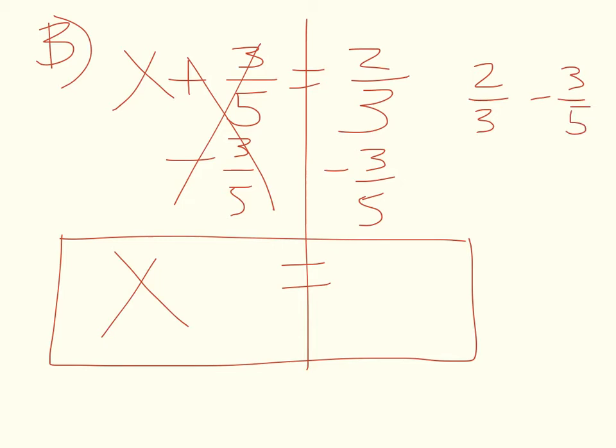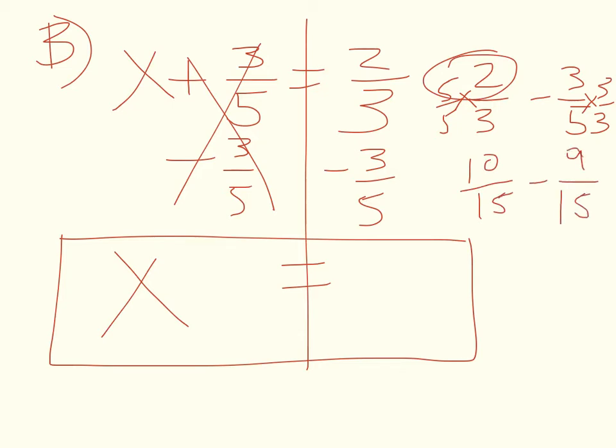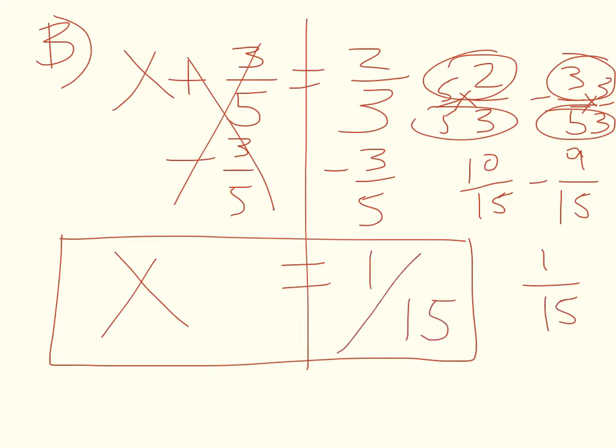So let's multiply that fraction by 5/5 and the other one by 3/3. That gives us 10/15 minus 9/15, which is nice because 10 minus 9 is 1 and the bottom stays the same. So there you go. The answer is 1/15.